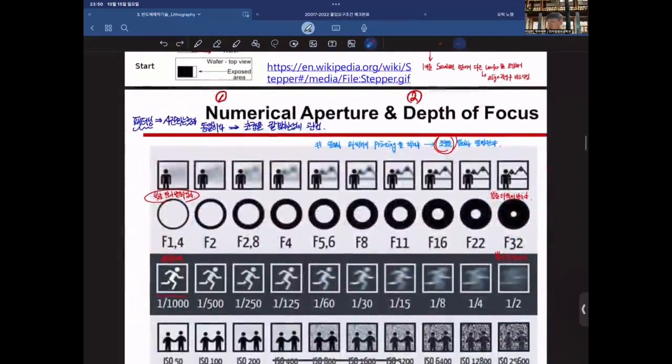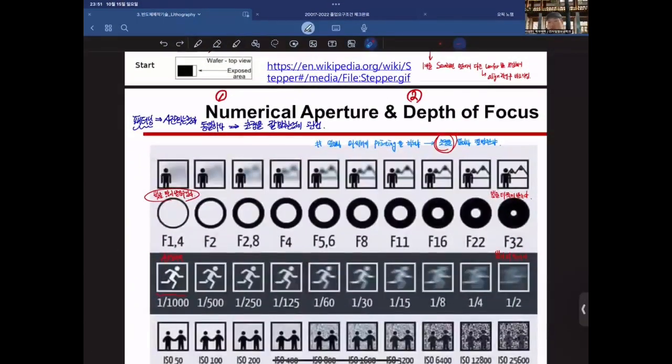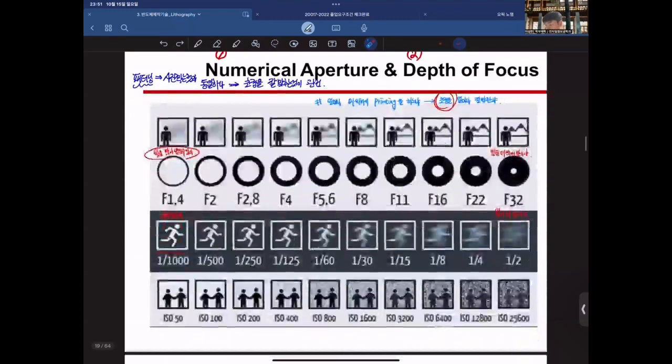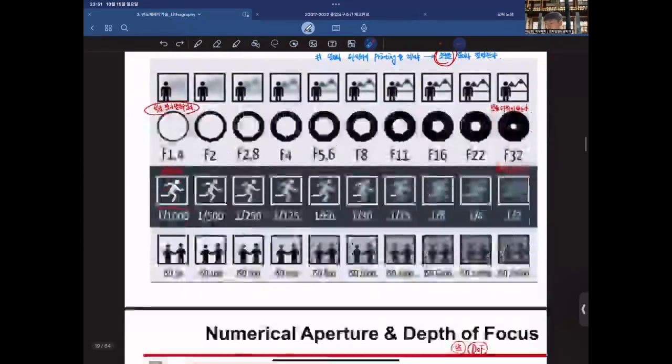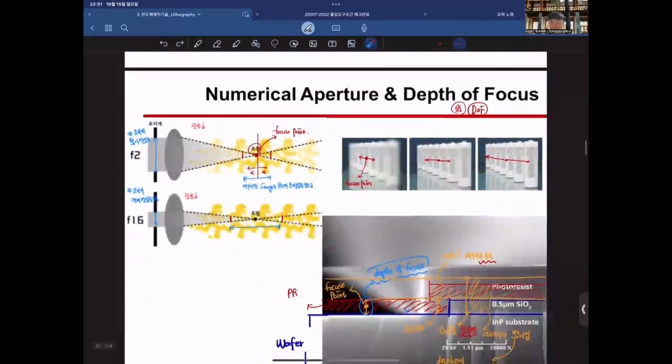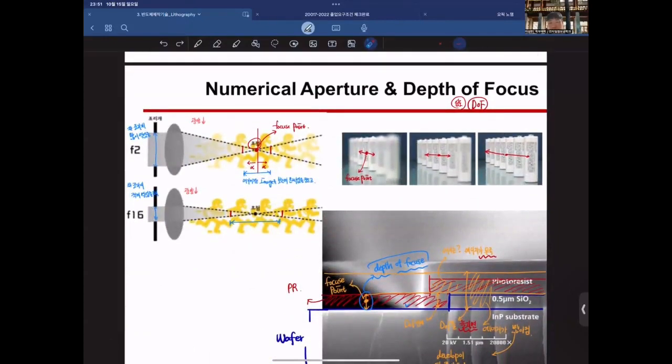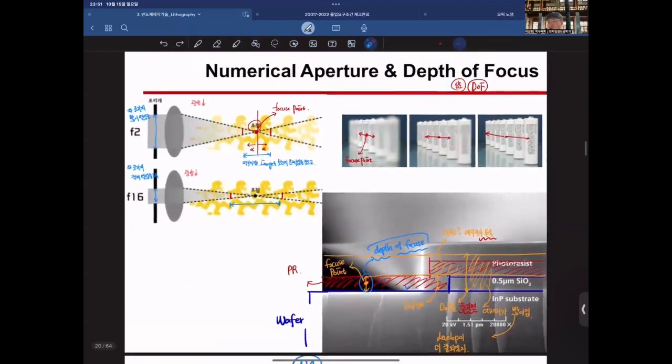Next is light technology, numerical aperture and depth of the focus. This is important because we're using a light, and their focusing point and their depth of the focus is its energy. How energy influences the area means the same.